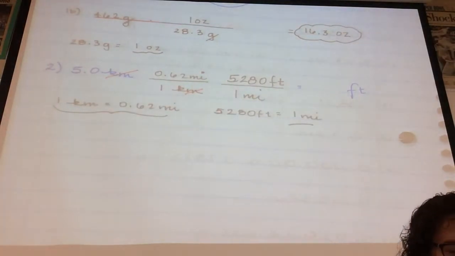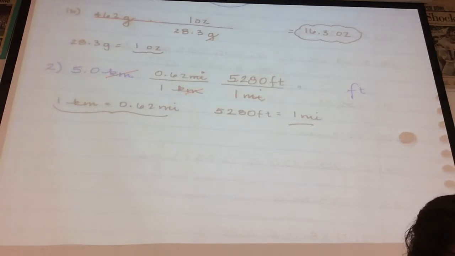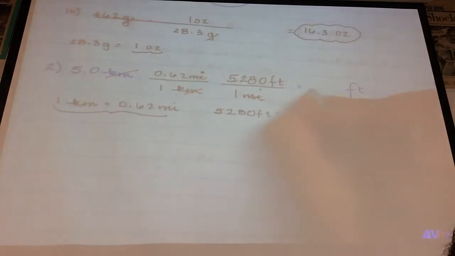And now you can multiply all those numerators off. You have 5 times 0.62 times 5280, and that's going to be 16,368 feet.